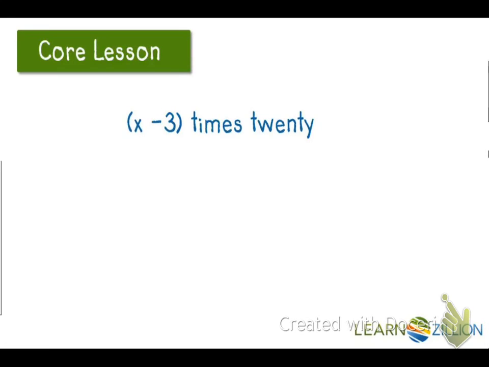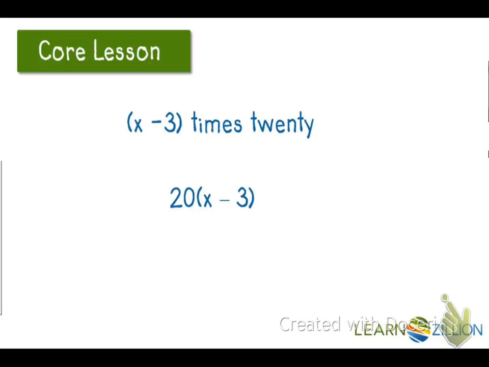Now I have part of the expression written in algebraic form and part in word form. What I can do is take times 20 and change that to 20, and I'm going to multiply 20 times the quantity of x minus 3.